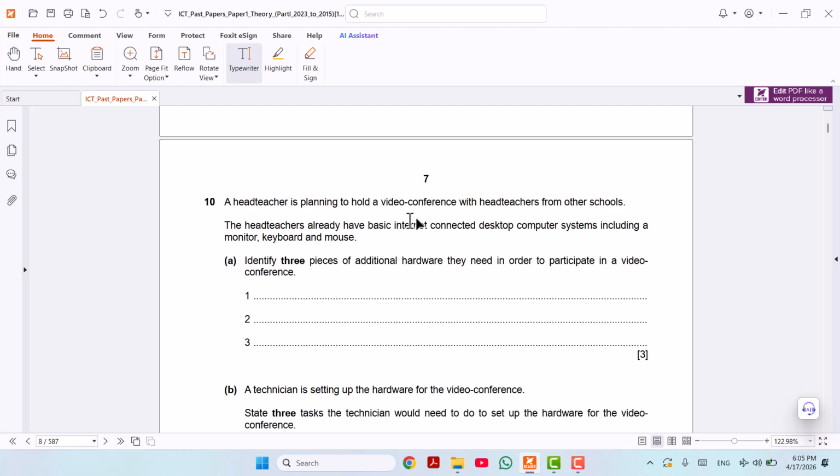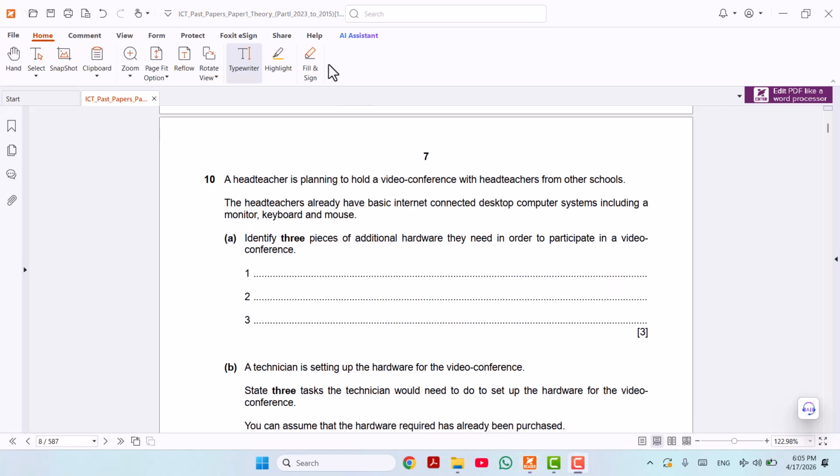I have question number 10. Question number 10 is talking about a head teacher planning to hold a video conference with head teachers from other schools. The head teachers already have a basic internet-connected desktop computer system including a monitor, keyboard, and mouse. Identify 3 pieces of additional hardware they need to order for this. If I want to make an online class with you, I must have a microphone.